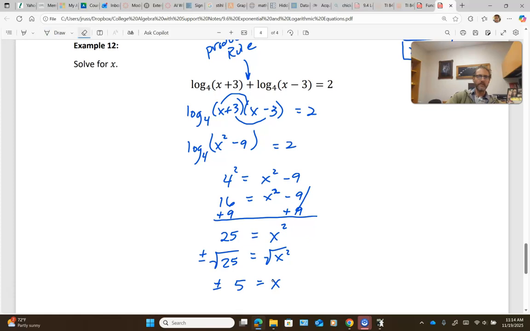All right, well, now we need to check which of those, or maybe they both work, are going to be valid solutions. Well, if I take positive 5 and plug in for these x's, these arguments are going to stay positive. But if I take the negative 5 and plug in, both of the arguments will become negatives.